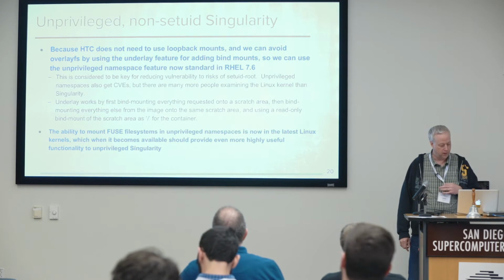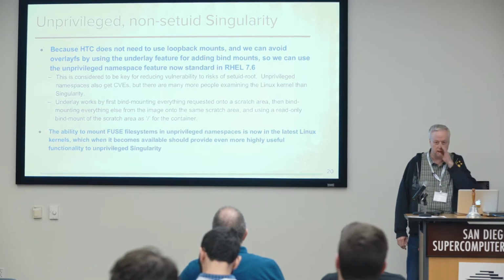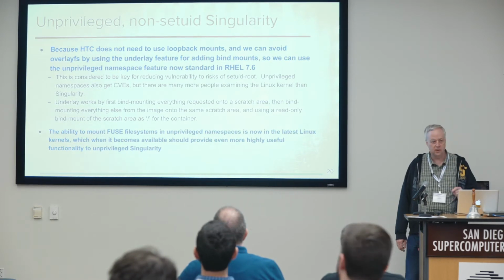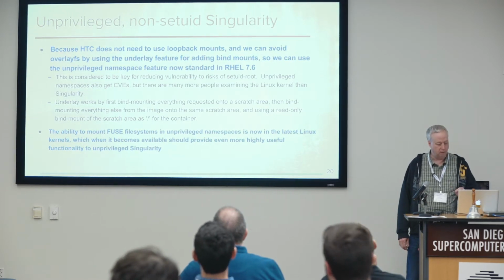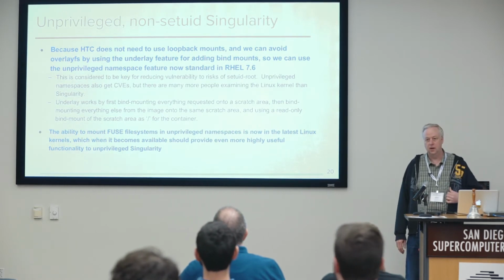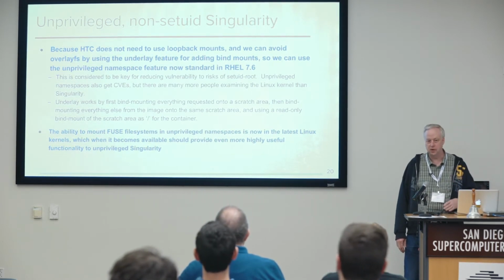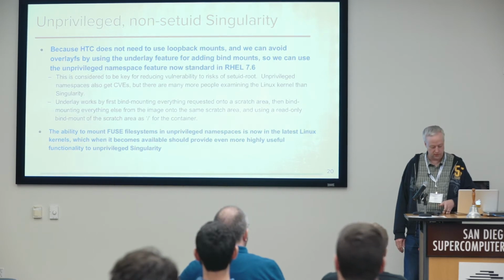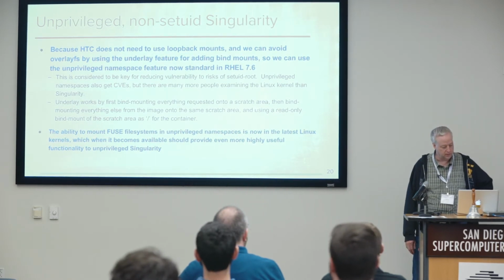So that means that with Red Hat 7.6, which came out last fall, we can now run Singularity without setuid at all. So we reduce our risk that much more and are not vulnerable to the CVEs that come with that.